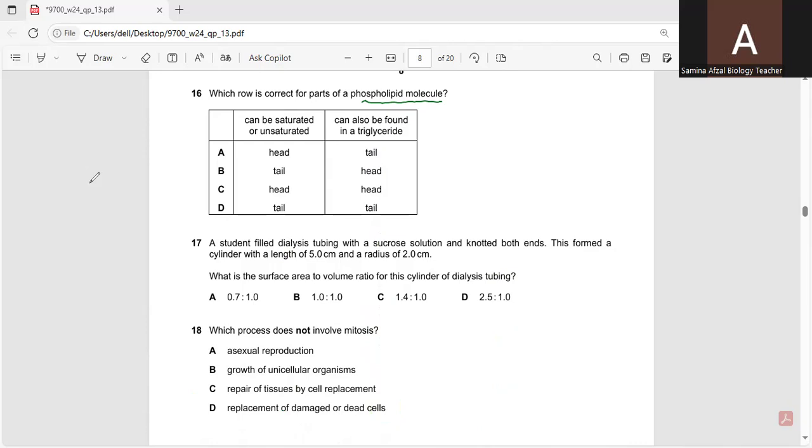A phospholipid molecule consists of a hydrophilic head. Hydrophilic head means water loving. It will be attracted towards the water. So, hydrophilic head, and tail.